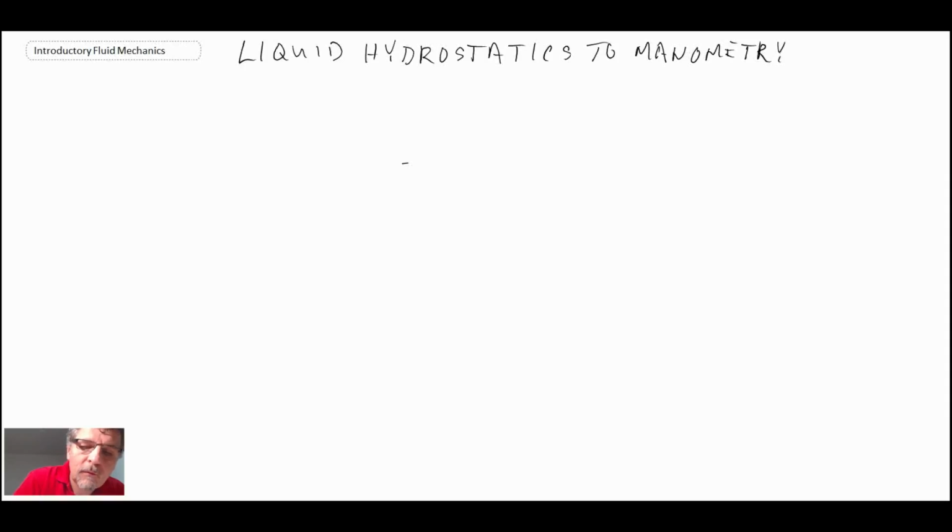We're now going to take a look at the application of liquid hydrostatics to manometry. If you recall, we came up with an equation for the hydrostatic pressure within a liquid.